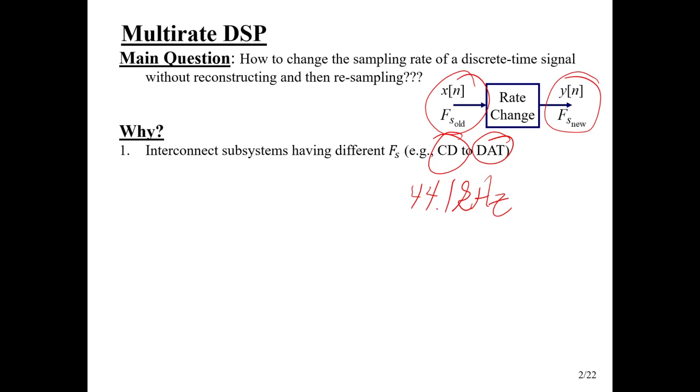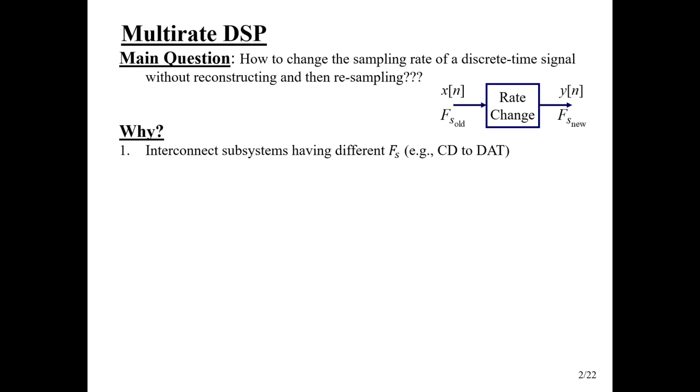Not as common a medium anymore, but we might want to do that. Or actually, we might want to go the other way around. So DAT is at 48 kilohertz. So we might want to convert back and forth between those for whatever reason. We've got something recorded on a DAT and we want to put it onto a CD, something like that.